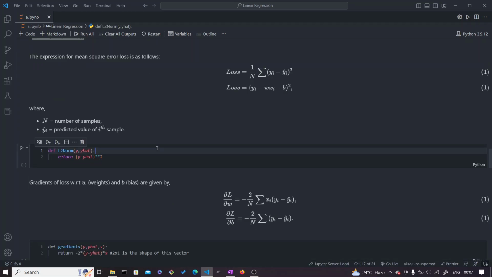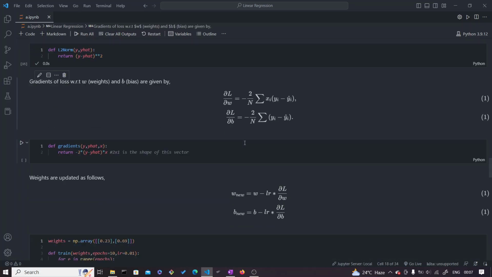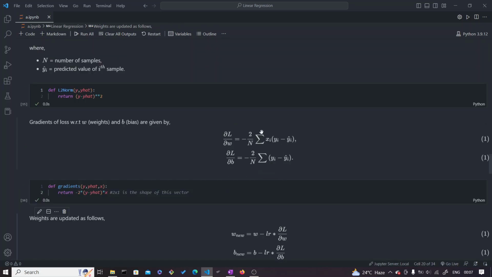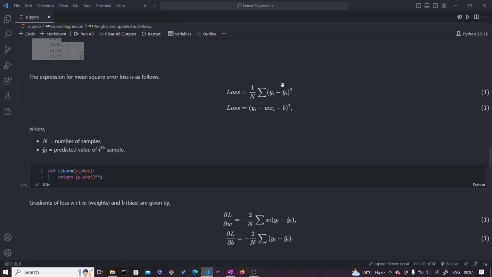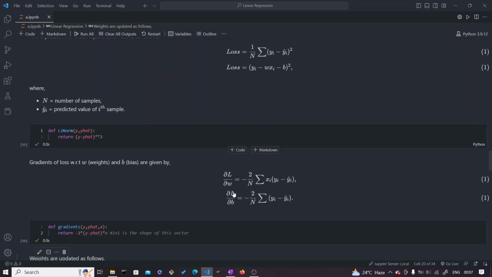This is the definition of the L2 norm, which is the loss function, MSE loss. This is your gradients, because if you see over here, this is the loss, and if you calculate dL by dW, then you will get this answer.